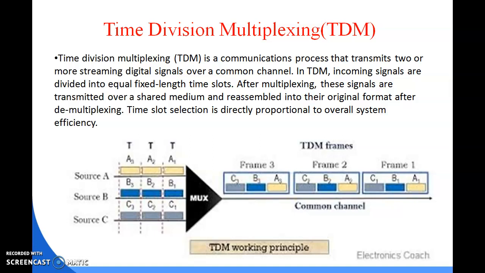If the component of any source is not ready within that time period, it must wait for the next frame, right? That means transmitting depends upon the time period. So in time division multiplexing, time slot selection is directly proportional to overall system efficiency.